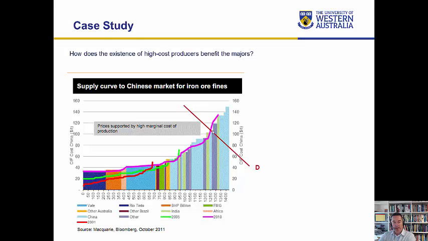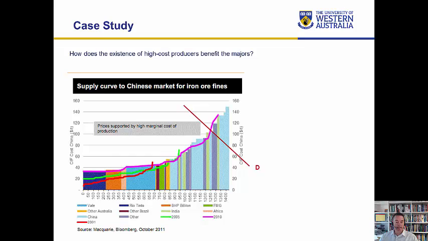Now, the key thing to note about that price of $108 is that that is the price that the market needs to reach to encourage suppliers to supply the level of demand that is being demanded in the marketplace.